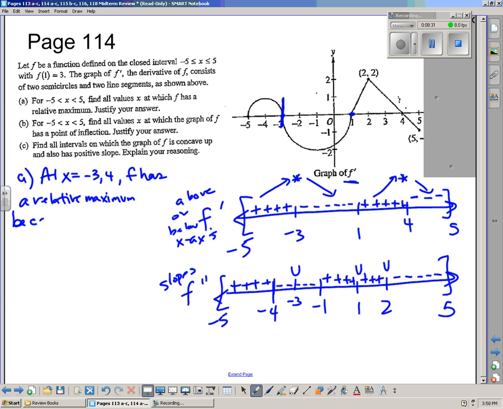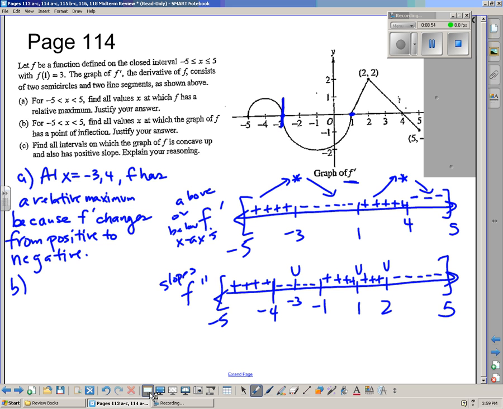Because, well, what's happening? F prime, we need to change its sign from positive to negative. That's how we know we actually have a relative max. So again, once you do the number lines, the questions are not hard.